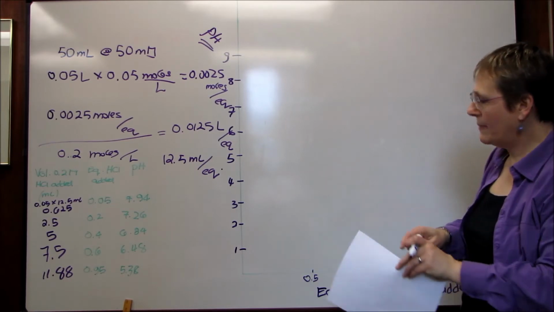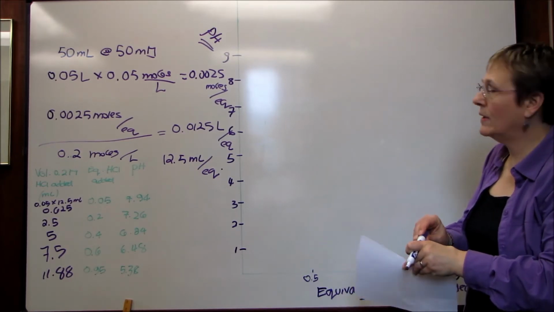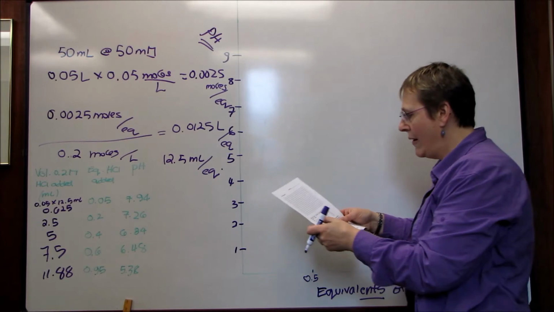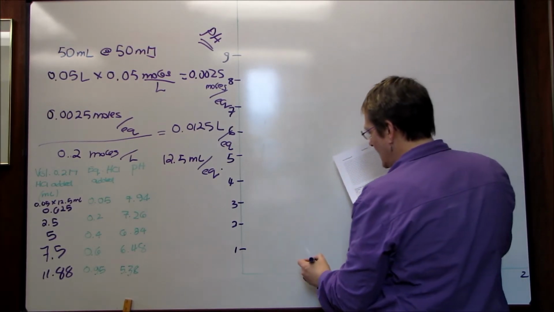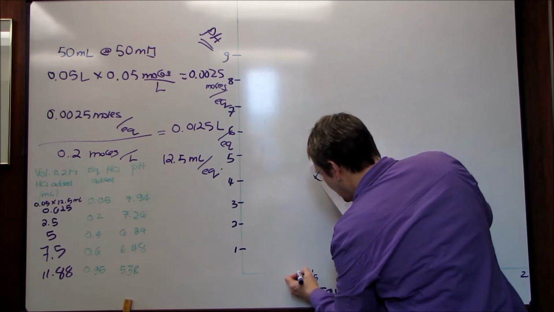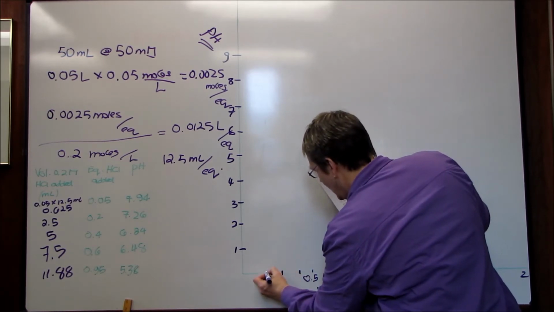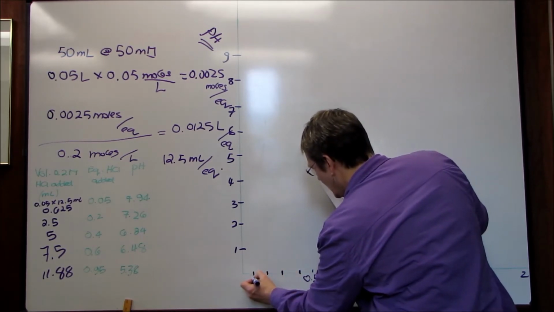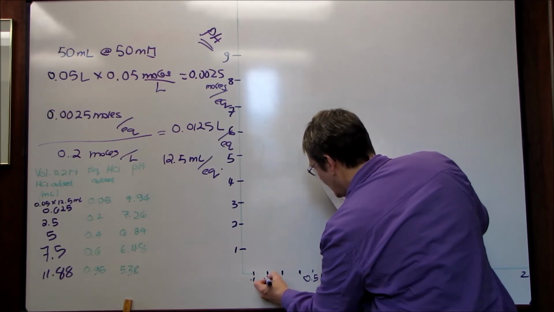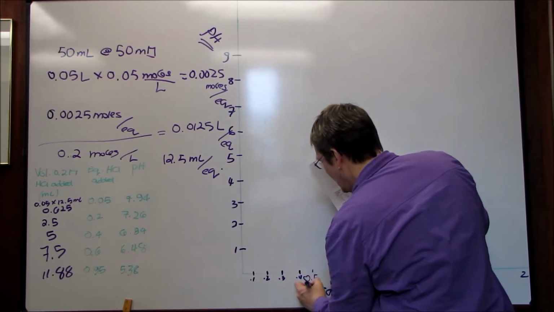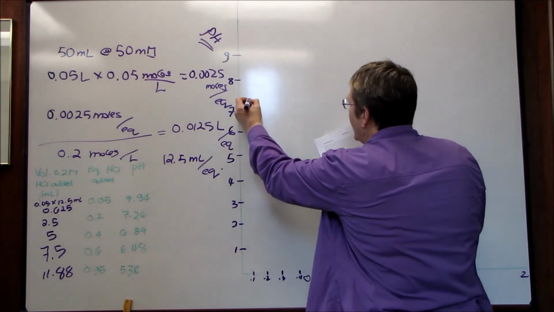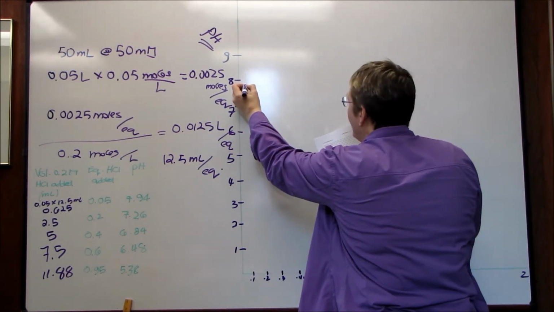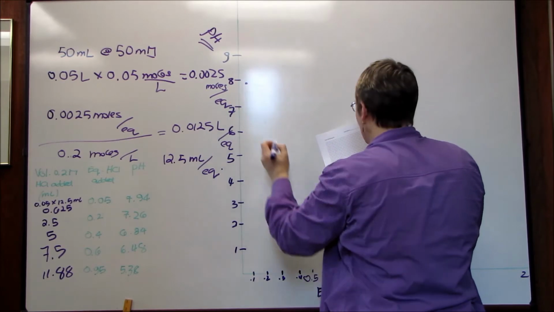Now I can plot the points that are in the table. So 7.94 at 0.05. Let's put some ticks in here: 0.1, 0.2, 0.3, 0.4. So 0.05 is here, and it's at 7.94 right there.